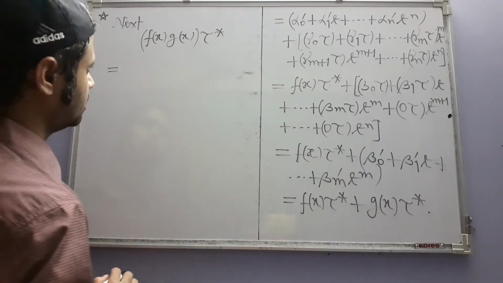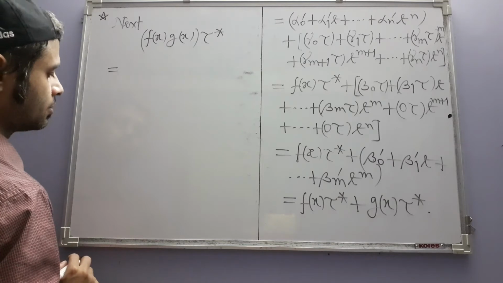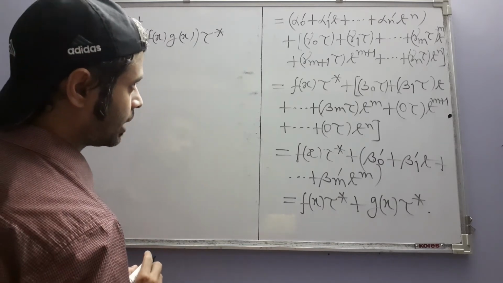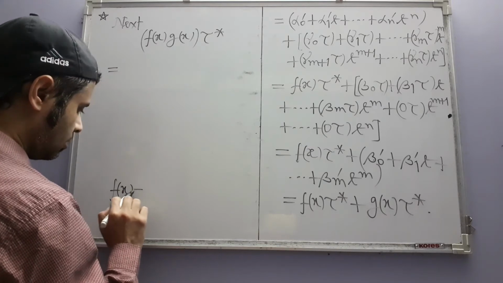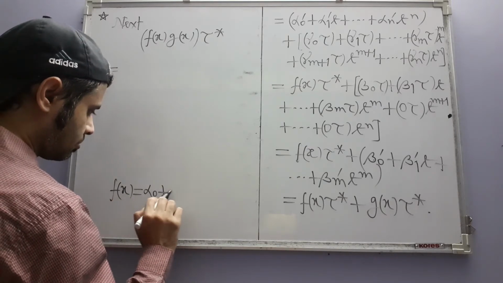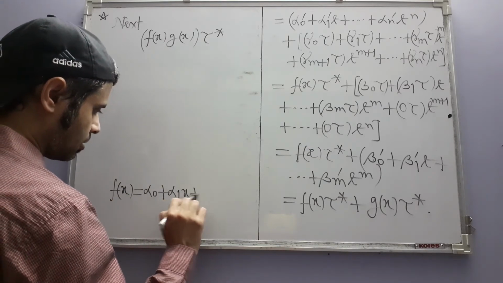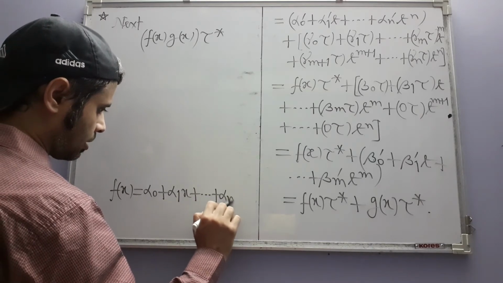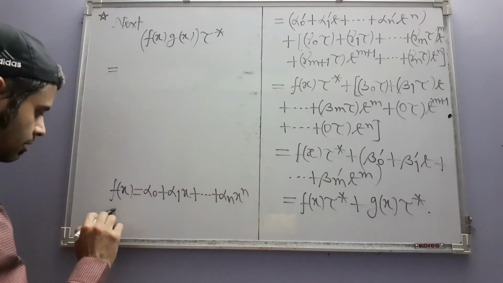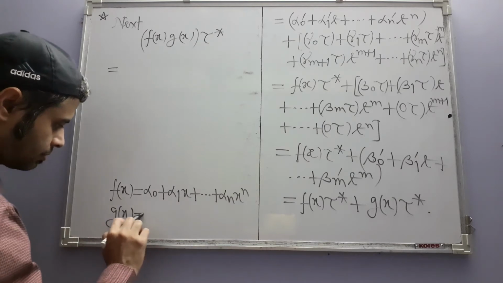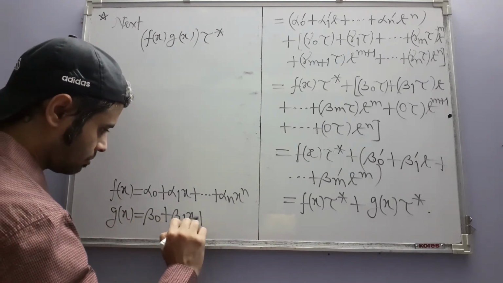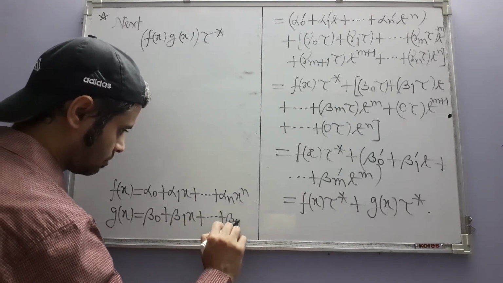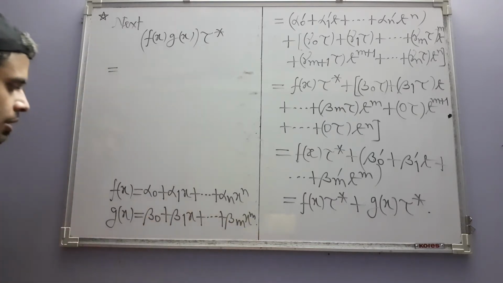So we have to be rather careful. And in fact, let me just write down what it is that we had. f(x) is this polynomial, alpha n x to the power n, and g(x) is this other one, beta m x to the power m.